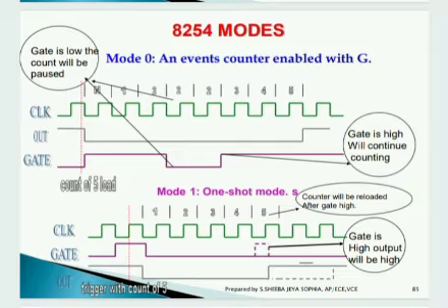You can see the operating modes of 8254. If you select mode 0, an event counter enabled with G, that is gate, if low the count will be paused. And you can see in this diagram, when gate is high it will continue counting. If you select mode 1, it is a one shot mode. Gate is high, output will be high.